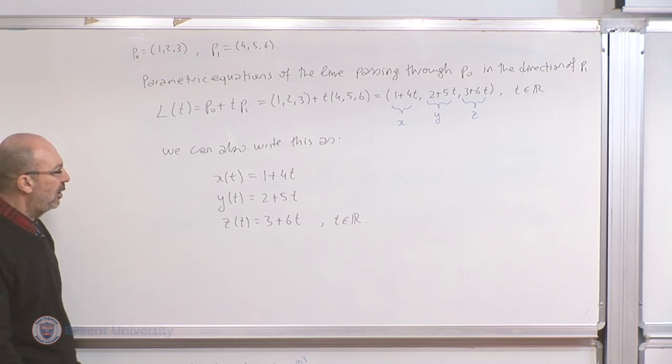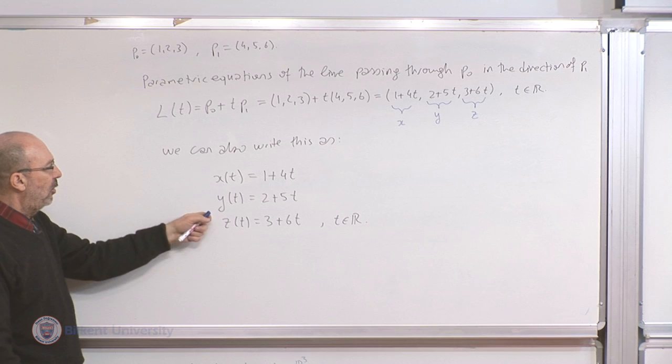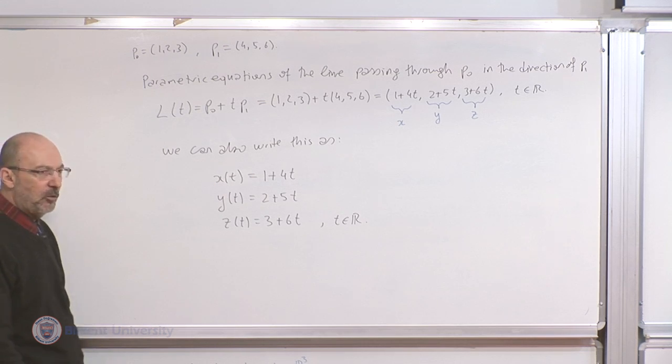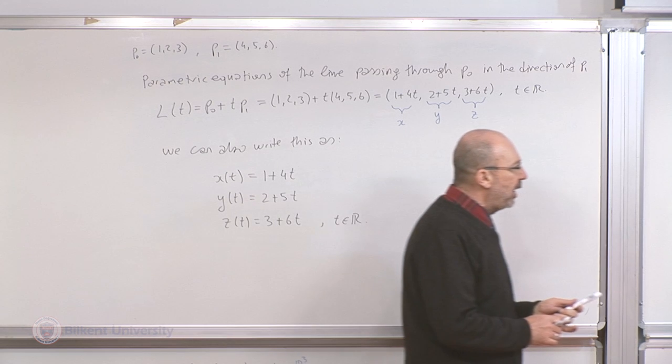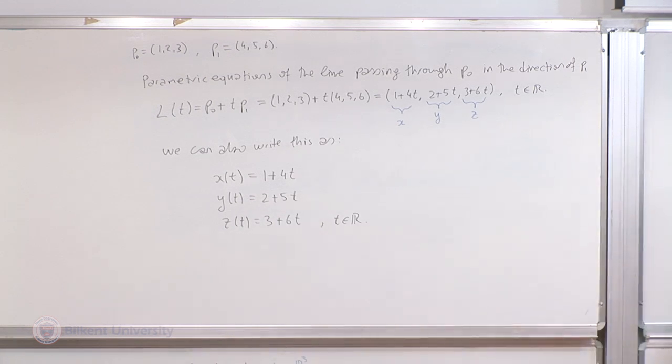Okay, so these are called parametric equations for the line. Now the other thing is, in the plane I can give a line by just one equation. In 3-space, you cannot give a line by one single equation.